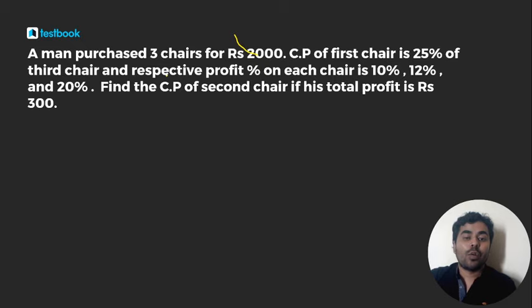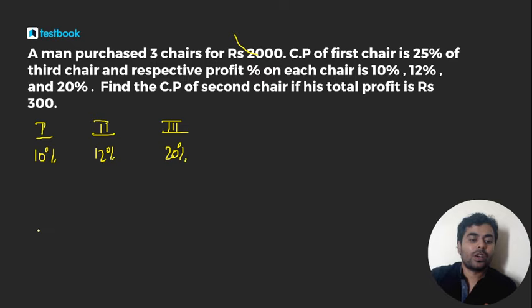Again, the component values are given in percentage, and the main value is given in rupees. Okay, so now what we will do, there are 3 components in the question. So first chair, second chair and third chair. Okay, this was sold at 10% profit, this was sold at 12% profit, and this was sold at 20% profit. Okay, now the ratio we know about first and third is 1:4, and we don't know the ratio of the second, let it be x.